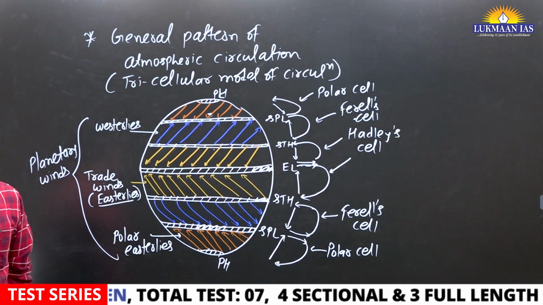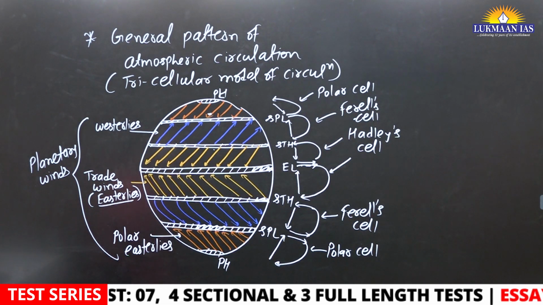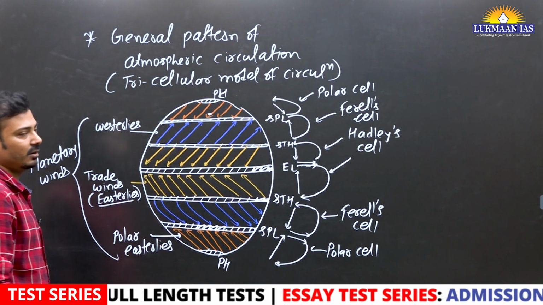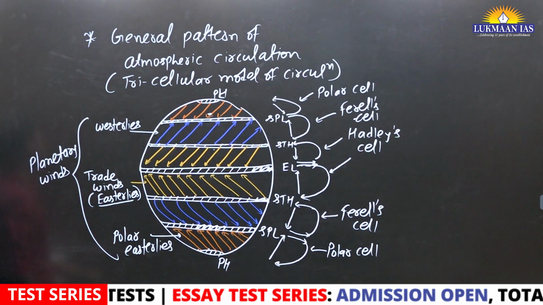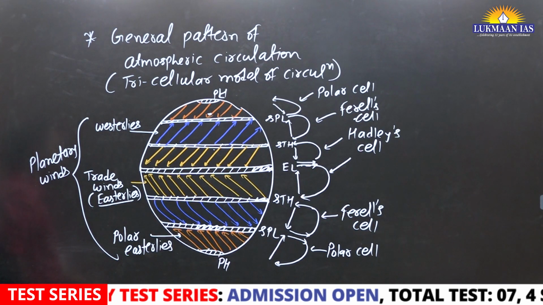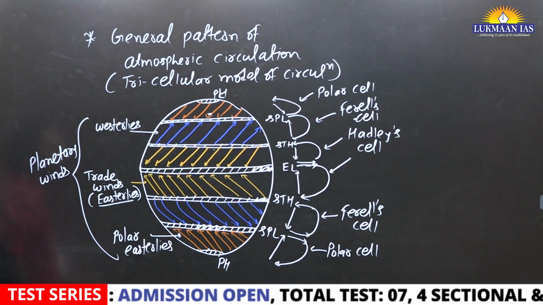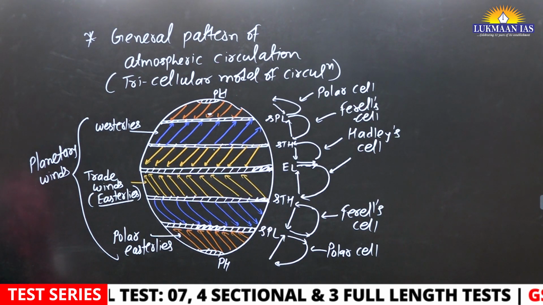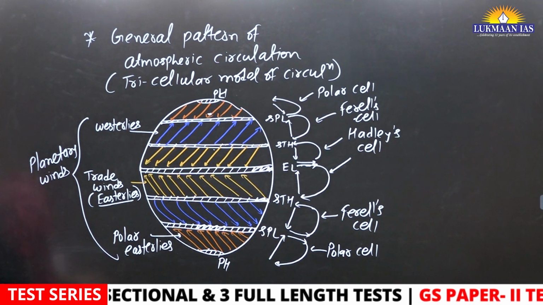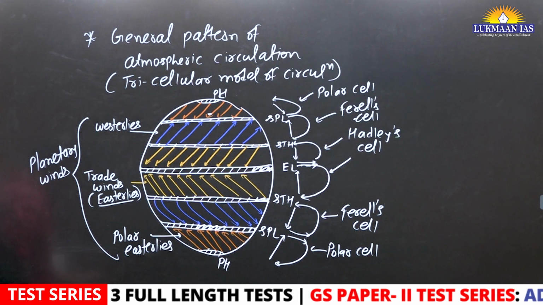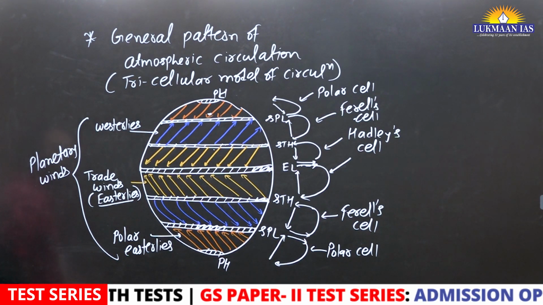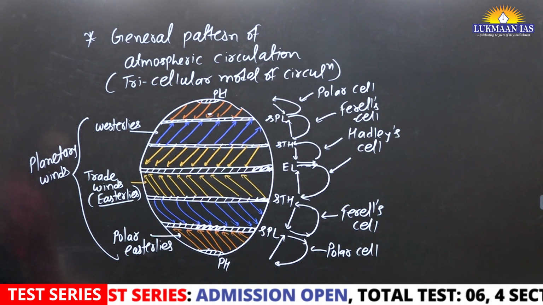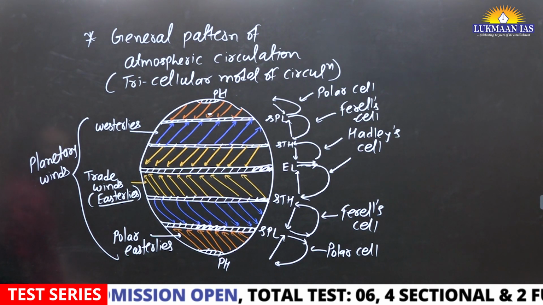For two reasons: one, they blow throughout the year in the same direction, and second, they blow on a larger scale, a larger area on the earth's surface. So they are called planetary winds. Now we are going to learn more about planetary winds.